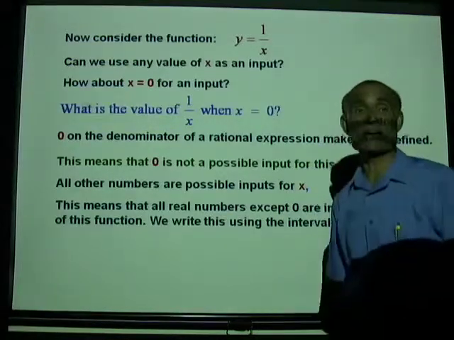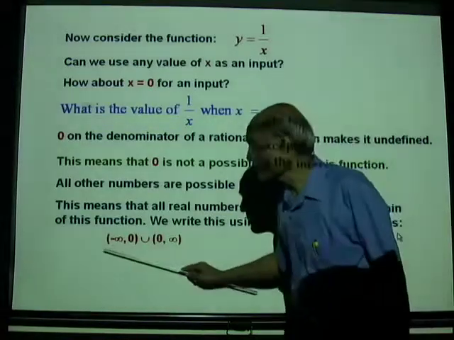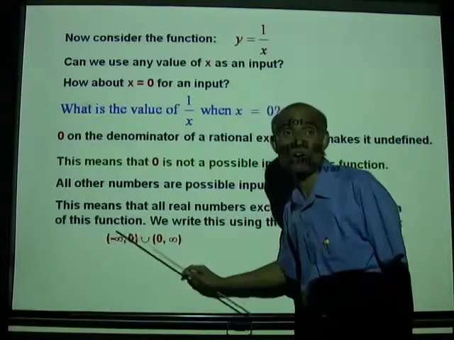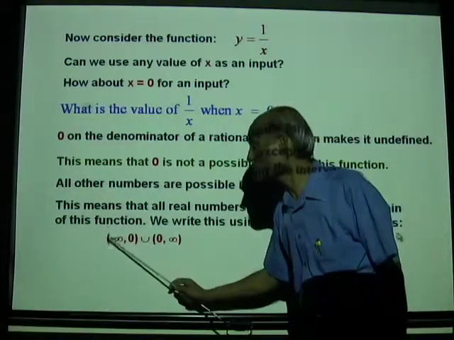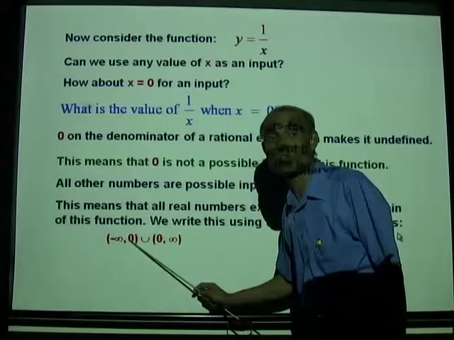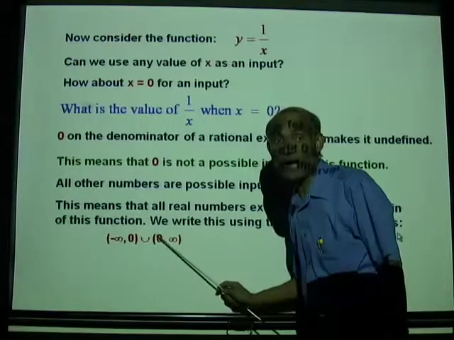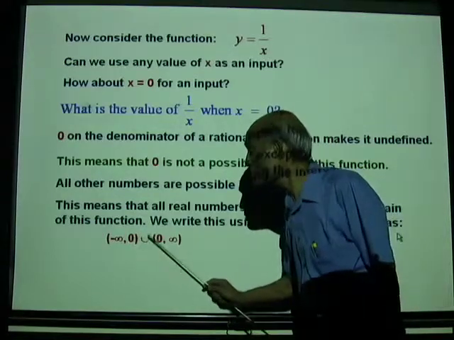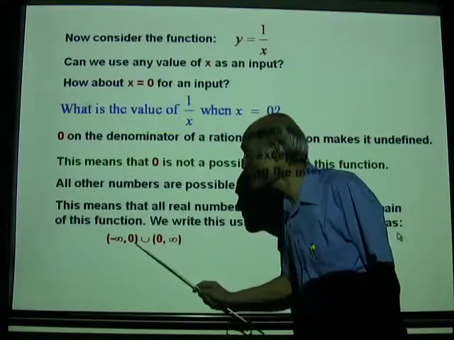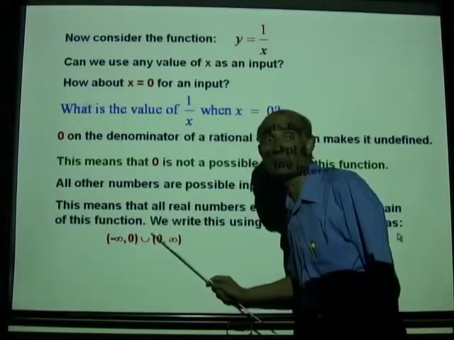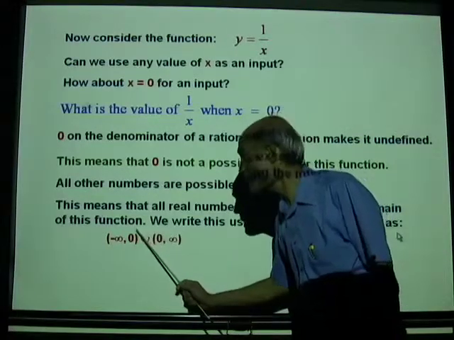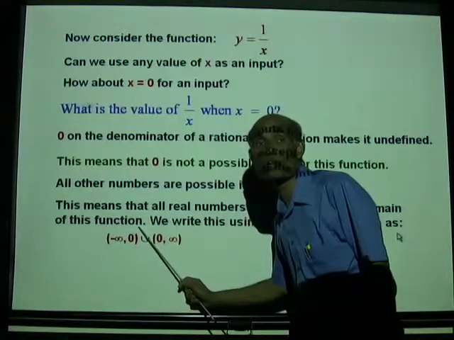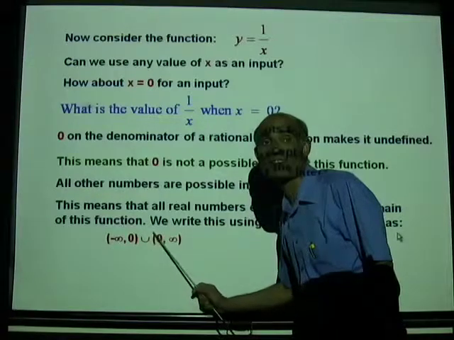Now, how do we write that? We write it like this. The domain consists of all numbers from -infinity to 0 and 0 to infinity. But 0 is not included. That's how we use the parenthesis. You know that if 0 is included, we will use a square bracket.